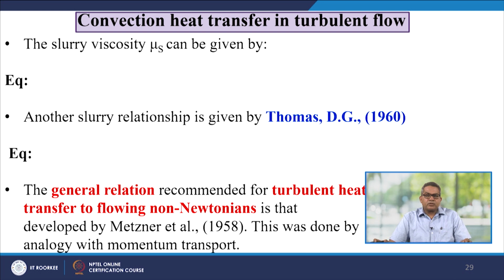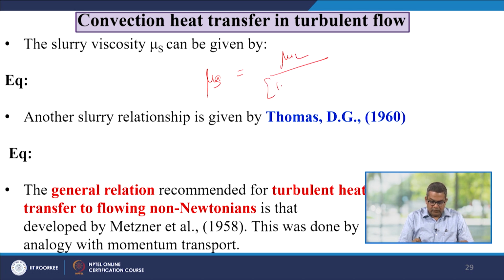So, the slurry viscosity, mu S, can be given as mu L over 1 minus x nu or x nu B to the power 1.8. This is our equation number 16.